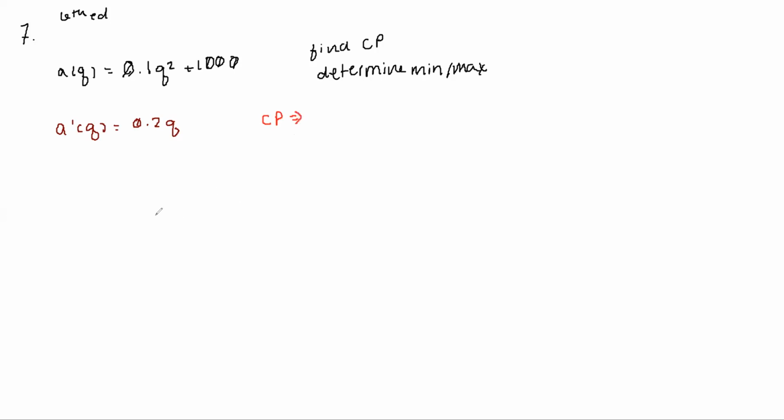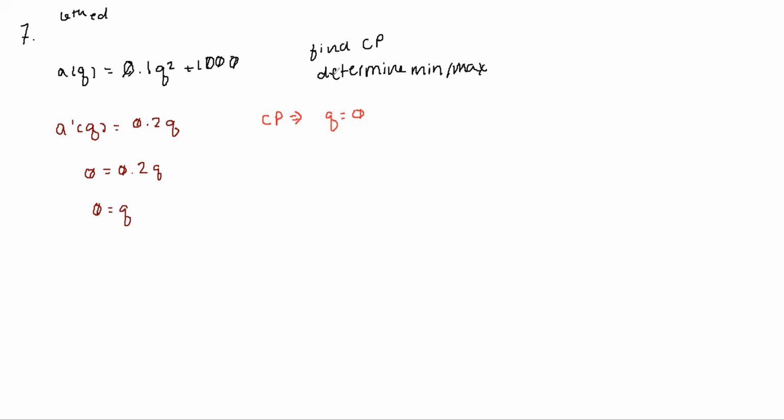That's where I got lost, because if I divided both sides by 0.2, it just gave me Q equals 0. Yep, that is right. Our critical point is when Q is equal to 0.